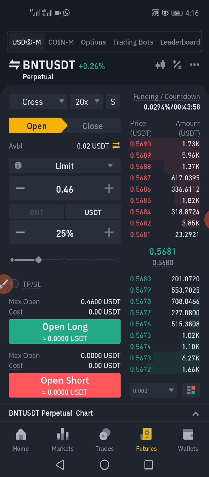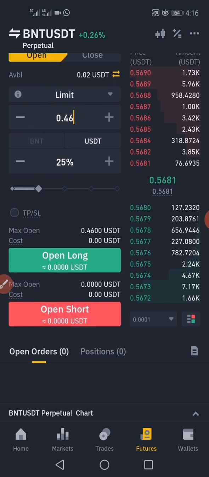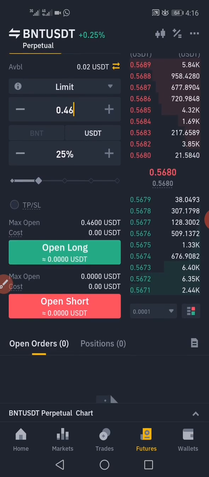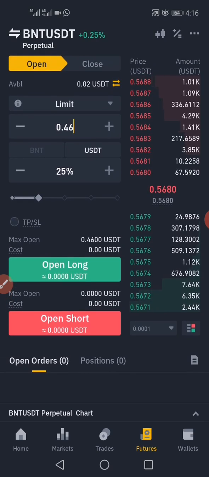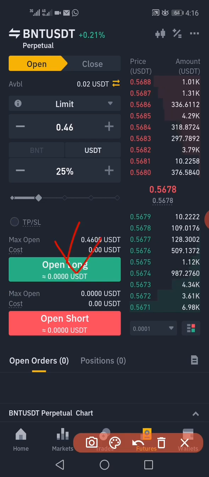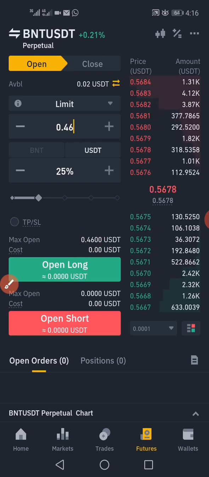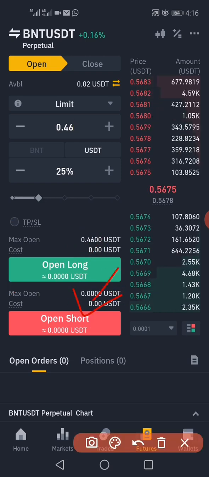Now after you have done this, the next thing is, after you have set all these parameters, you will come here and click on either open long, which means you want to buy, or open short, which means you want to sell.